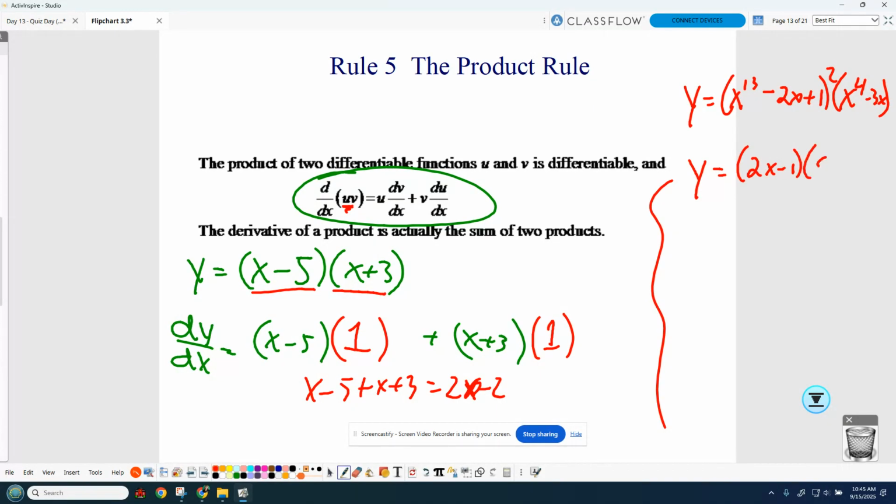I can and will ruin your day by making it something you can't. It's not a polynomial. We will have to do derivatives with sine, with log, with e. So you need to practice the rule.